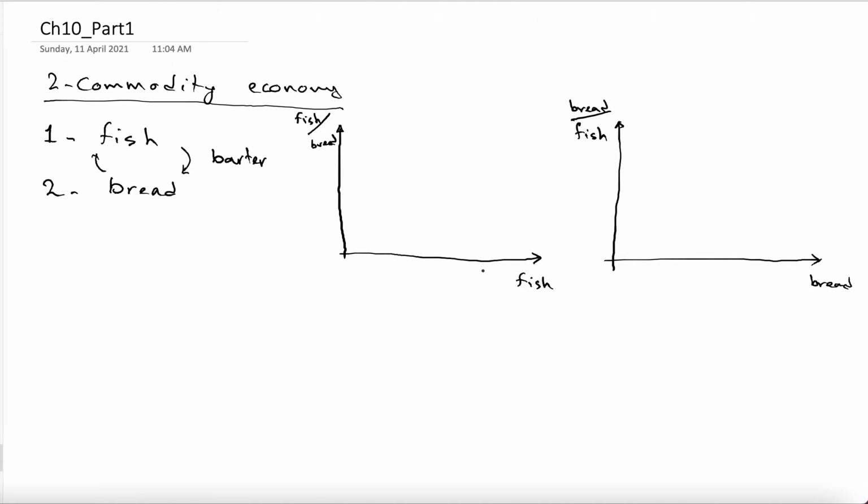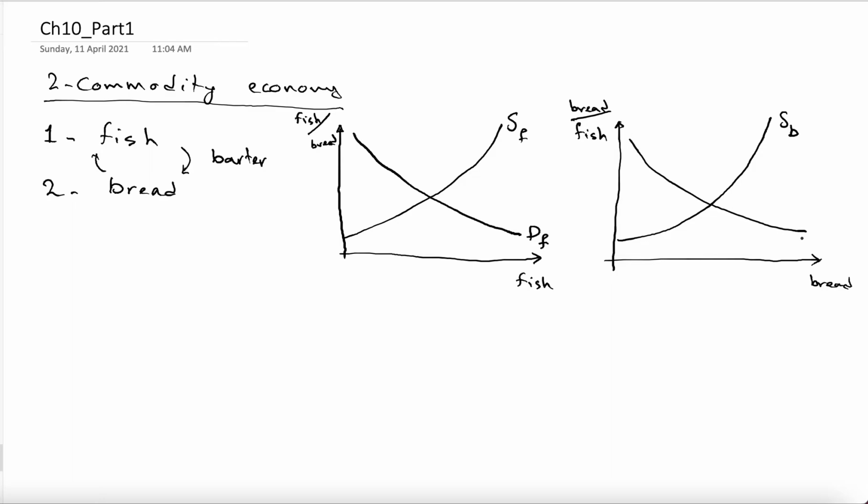So there are several fishermen and several bakeries. They can do the deal. So the demand for fish is like this, and the supply of fish looks like this, and the supply for bread is like this, and the demand for bread is like this, and there would be an equilibrium point for each of them.